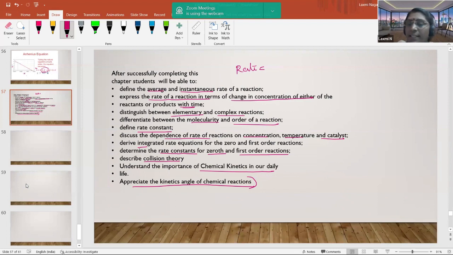Le Chatelier's principle says that introduction of heat will slow down the product formation, but we want the products faster, and hence we intervene into the reaction and try to modify it. So the idea behind chemical kinetics is that in future children can take up chemistry as their future course of study, and these are small introductions to various aspects of chemistry.